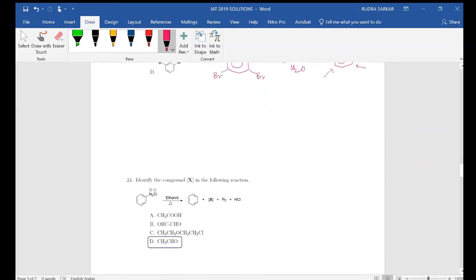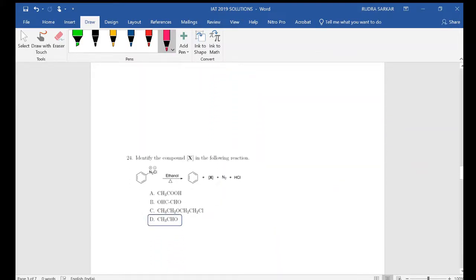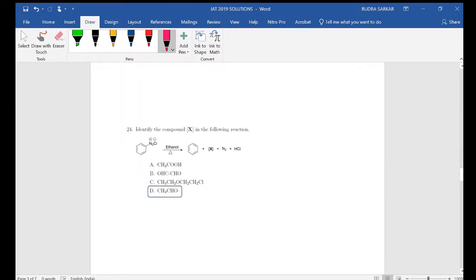Next, we have been given the question, identify the compound X, which is this, in the following reaction.